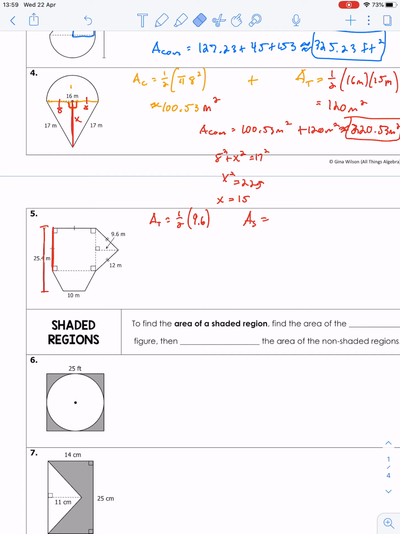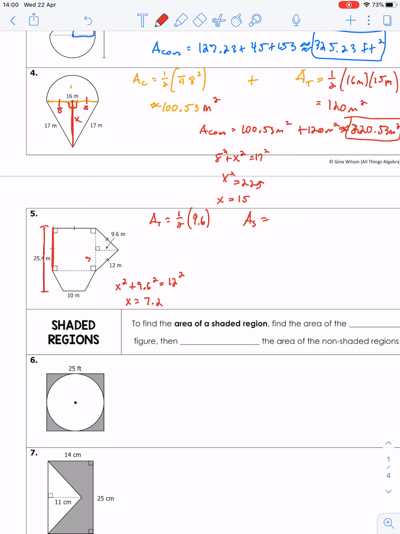That doesn't really help us, but it does, because it tells us that this is 9.6, we don't know what this is, and we have 12. So we can use the Pythagorean theorem to find this side right here. And if we find that side, it's going to be the same as that side. So x squared plus 9.6 squared is going to equal 12 squared. And when we do that, we end up getting x equals 7.2.